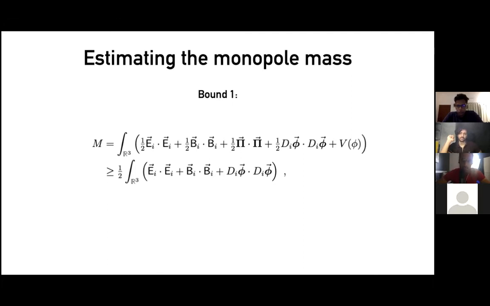And the potential terms for the gauge field are just B squared, right? And for the scalar, they're the square of the spatial gradient plus the potential free of any derivatives. And so we know that this is going to be greater than just E squared plus B squared plus the gradient of phi squared. Right, so that's one bound.